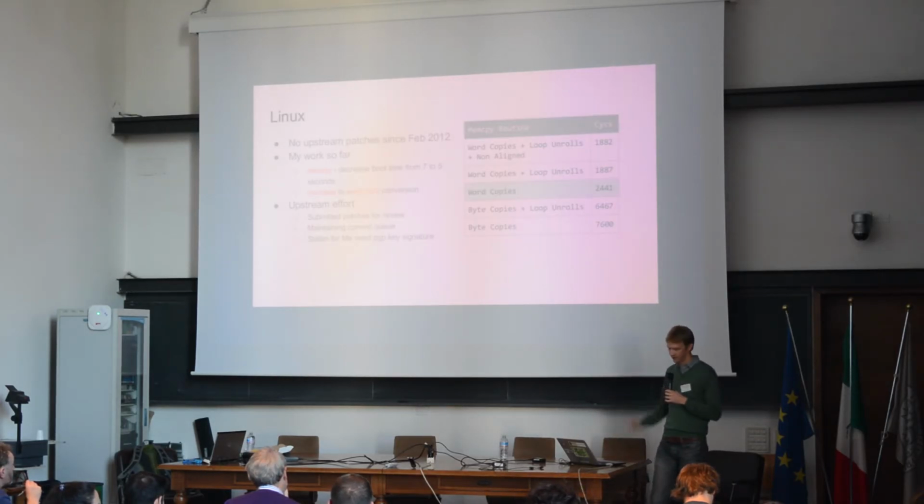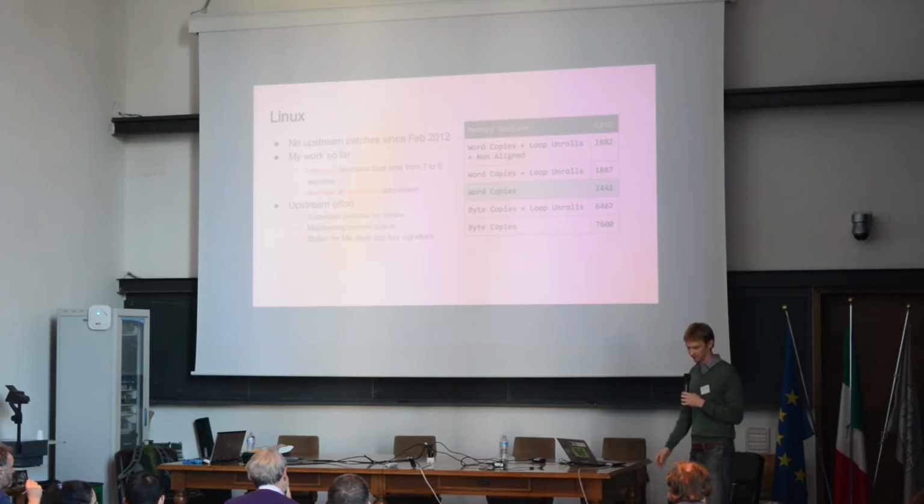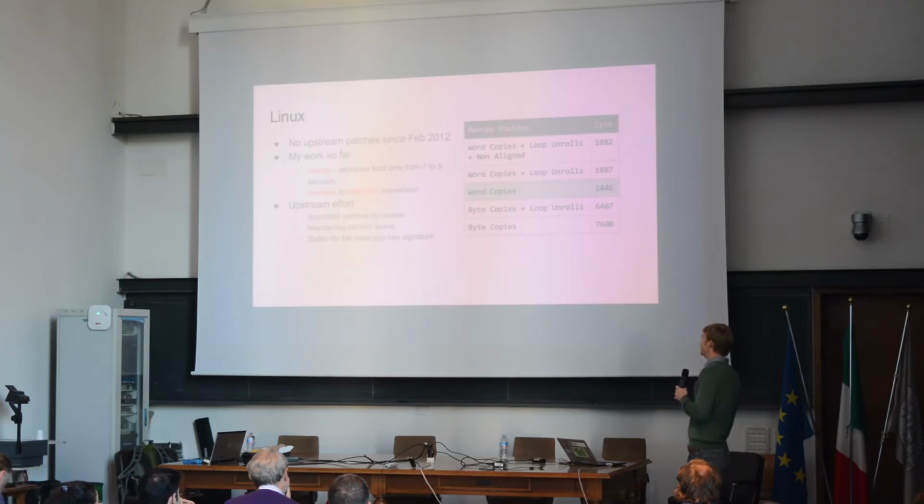So the other thing, that was the tool chain, and Linux is something that I've been interested in from the beginning, and one of the reasons I've been working on all the tool chains is to get Linux working a little better. Linux has been without a maintainer since February of 2012.